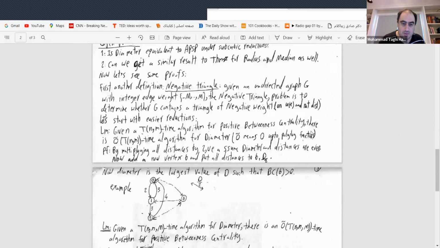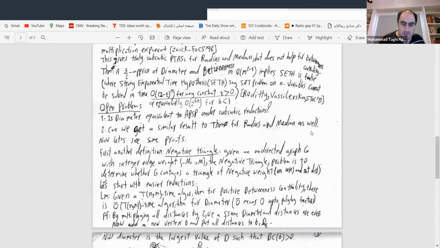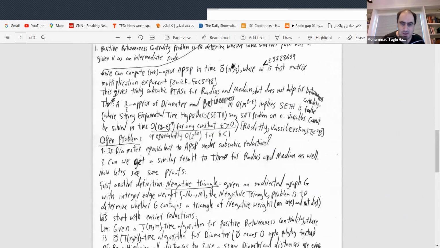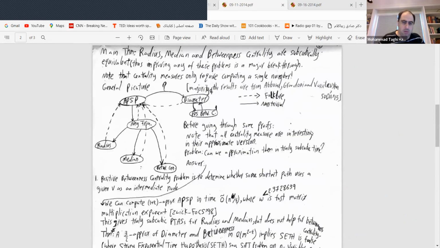Good. So there is this problem of negative triangle that plays a very important role here, as you will see.